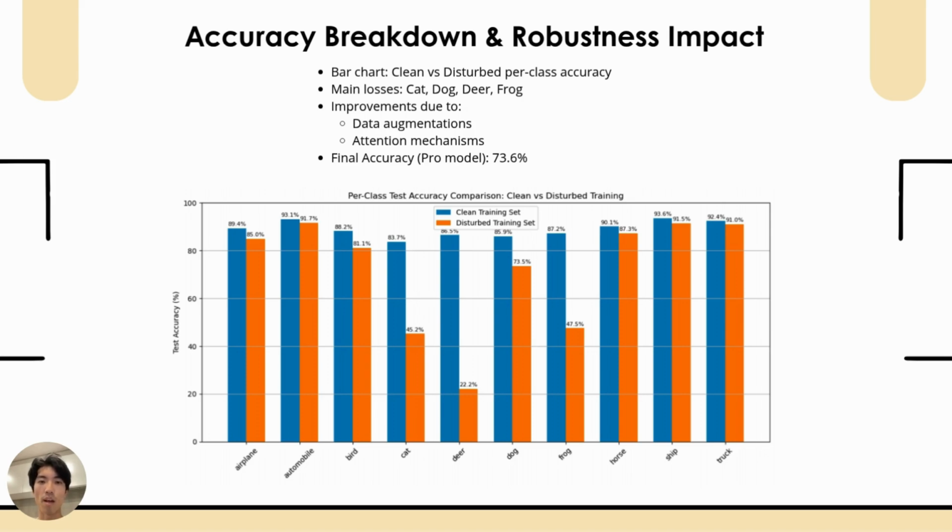Finally, we add CBAM attention modules to our Pro model. This helps the network focus on key features even when the image is messy. Thanks to this change, the Pro model lifted overall test accuracy to 73.6%, with significant gains in the four corruption classes.